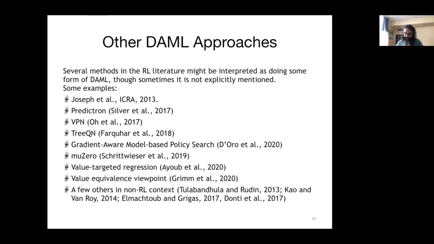More recently, I guess, is value targeted regression. This is actually a very similar objective to Iter-VAML. And then there is a more recent one at NeurIPS, the value equivalence viewpoint, that is trying to talk about something like VAML, but from equivalence class perspectives. And then outside RL, there are some papers that are decision aware, but not in RL.